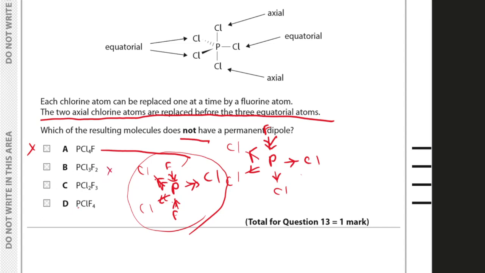If you move on to C down here, in B we have Cl, F, F. If you do F, Cl.